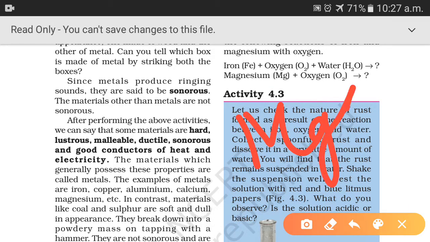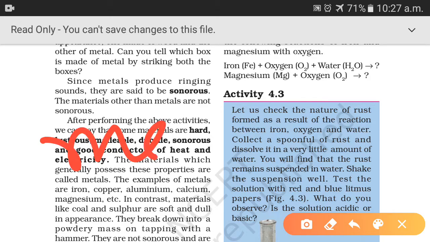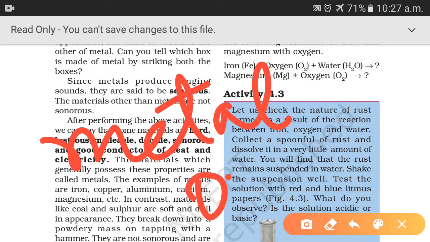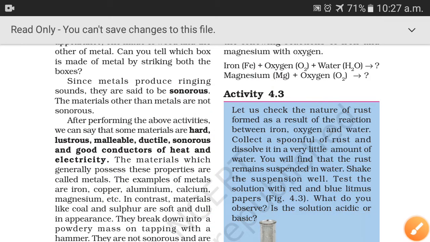Formula is MgO. That means whenever metals react with oxygen, they form metal oxides. Now we will test what is the nature of these oxides. Are they acidic or basic in nature?